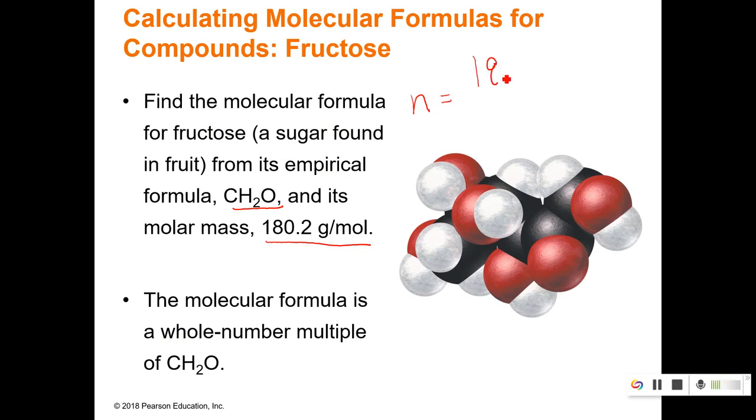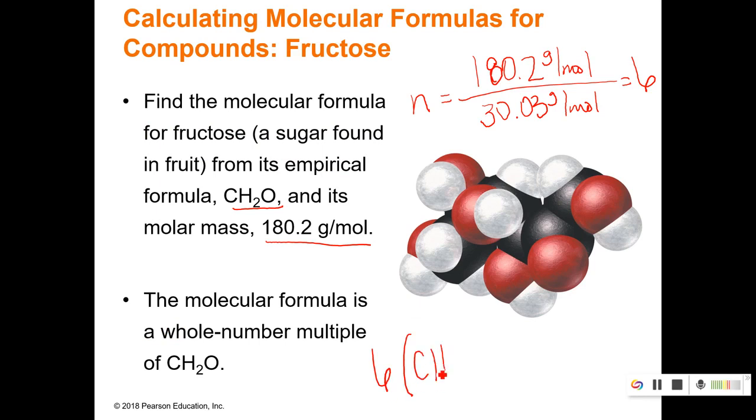So N is equal to 180.2 grams per mole divided by the molar mass of CH2O, 30.03. So this should be 6, because remember it should be a whole number multiple. I'm going to multiply it through, or distribute it. So my answer is C6H12O6.